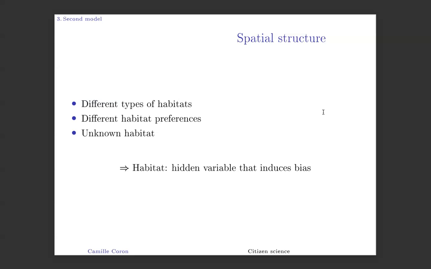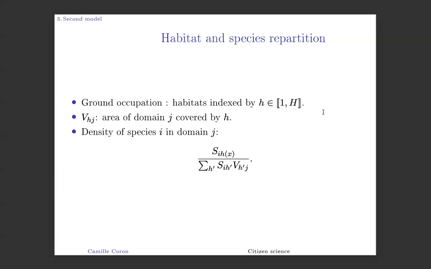So we wanted first to introduce some hidden variable to model this habitat and the preference of individuals and observers for these different types of habitats. So here we now assume that each region is covered by some habitat h, and we assume we know this coverage.